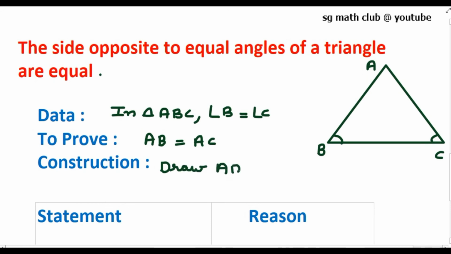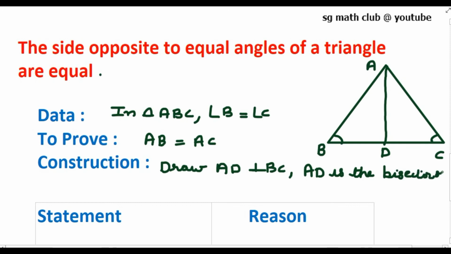Draw AD, the perpendicular to BC, and AD is the bisector of angle A. Bisector means it divides into two equal parts. So bisector of angle A.